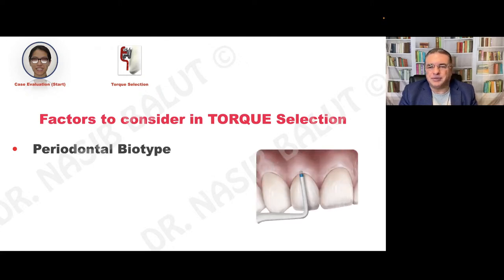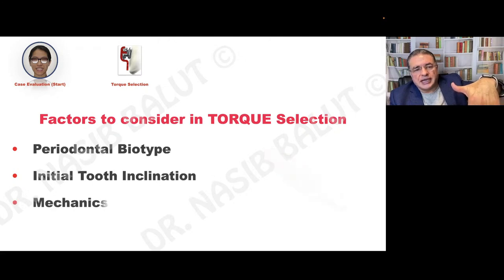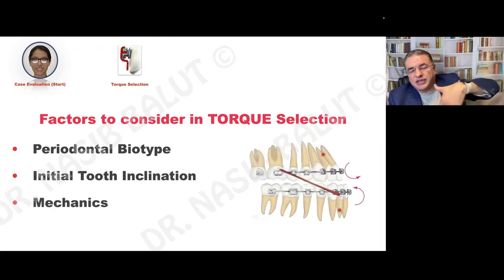Periodontal biotype. If I have a thin periodontal biotype, or a patient that had in the past periodontal problems, watch out with low torque brackets. Avoid using them. I would rather use standard brackets because of the cortical bone. We have to evaluate the initial tooth inclination, and evaluate my mechanics.